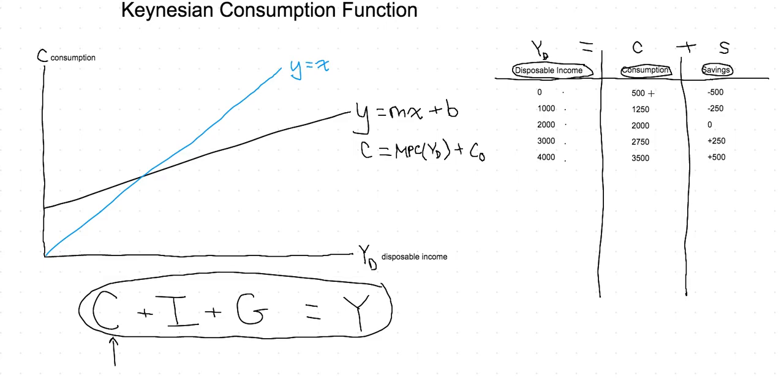The consumption changes in this model constantly, and so does the income. So what we want to do is find the slope of this, and that will tell us just how much people will consume as their disposable income increases.